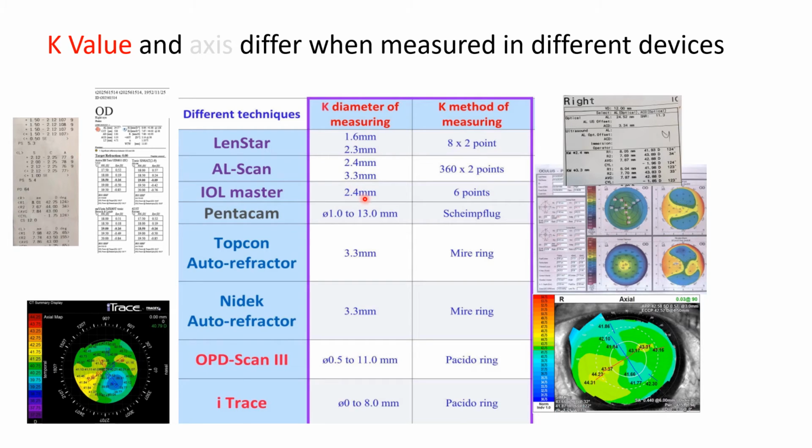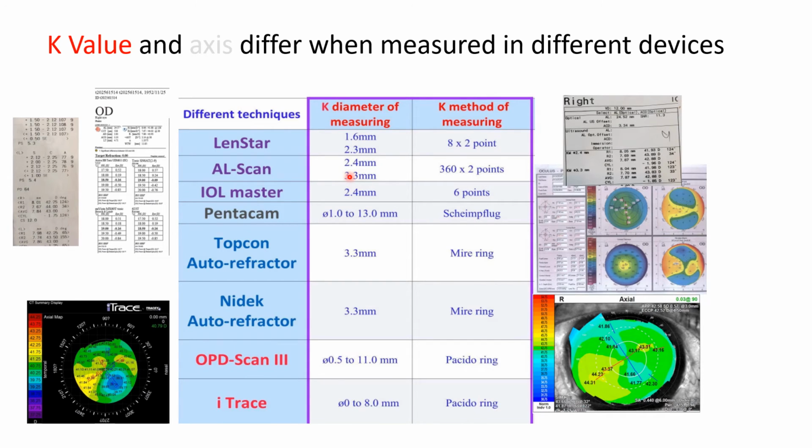The ALScan measures another different diameter. You may have noticed that the same patient measured in different keratometers gives different readings. One of the reasons is that different machines measure different diameters of the cornea. The ring diameter that they measure is different.